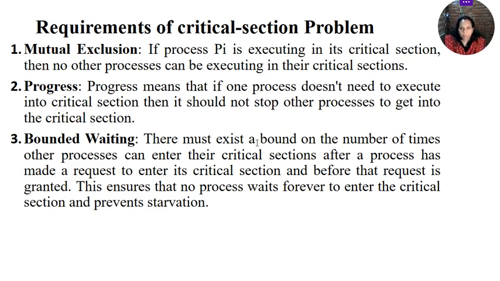Bounded waiting means there must exist a bound on the number of times other processes can enter the critical section after a process has made a request to enter its critical section and before the request is granted. This ensures that no process waits forever to enter the critical section and prevents starvation. So these are the requirements of the critical section problem: mutual exclusion, progress and bounded waiting.